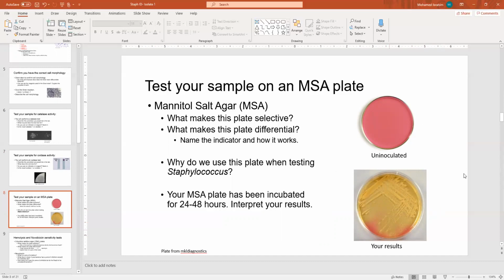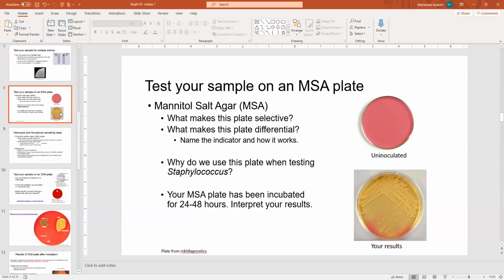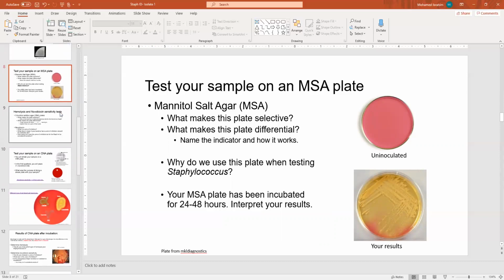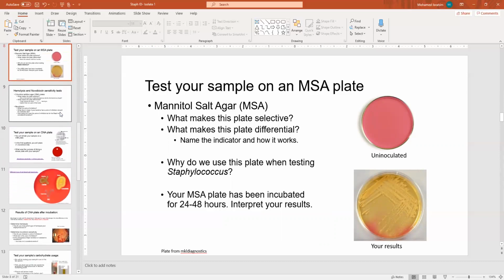So based on these results, you can tell that your organism can grow in mannitol. So it can tolerate salt and it can ferment mannitol, okay? So this is the third test. You need to look at the tests one by one and accumulate biochemical data that will help you for identification.